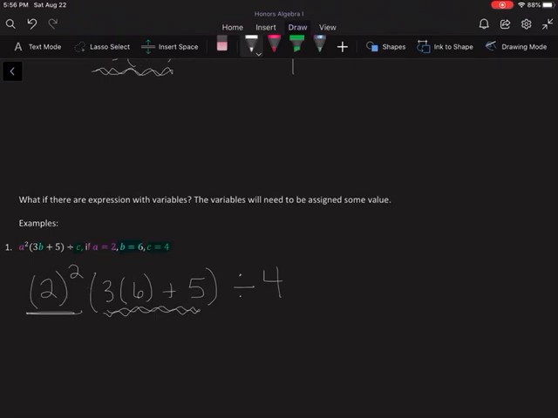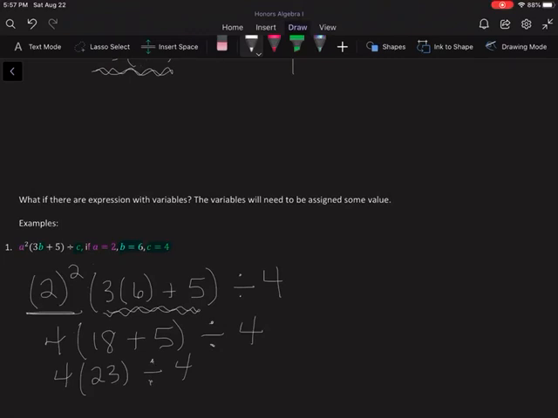I'm like pointing at this, thinking you guys can see me pointing, but you can't. So I'm going to evaluate the 2 squared. So that's 4. And then also in the same step, evaluate the inside. So that's 18 plus 5 divided by 4. So that's 4 times 18 plus 5 is 23 divided by 4.